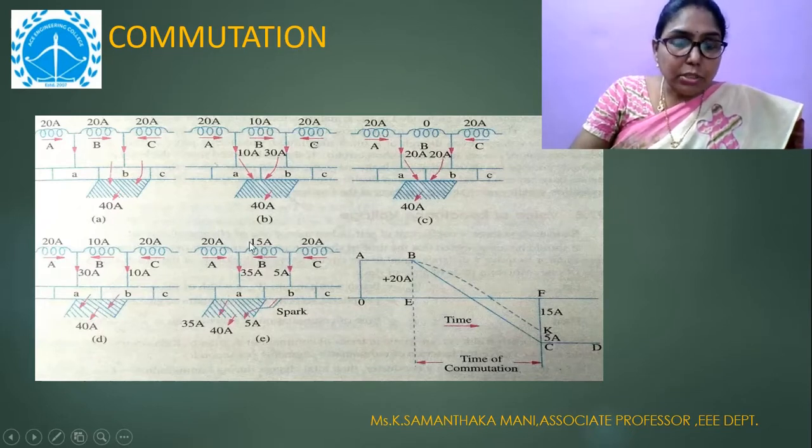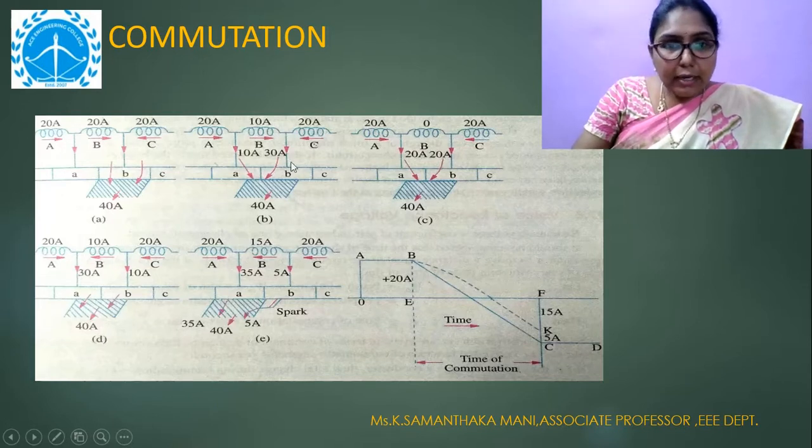That is, this coil B has to supply 20 amperes in the other direction by the end of this commutation process. But how much is it supplying? Only 15 amperes. This shortfall current is supplied by coil C in the form of spark. That is the main problem here.